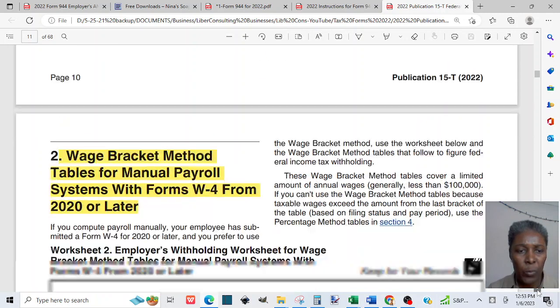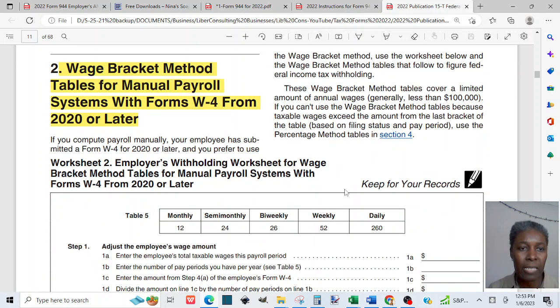The next option that I like is the wage bracket method tables for manual payroll system with Form W4 from 2020 or later.